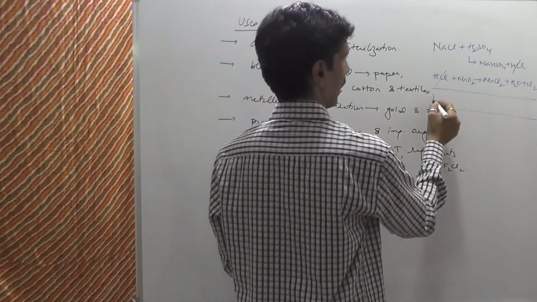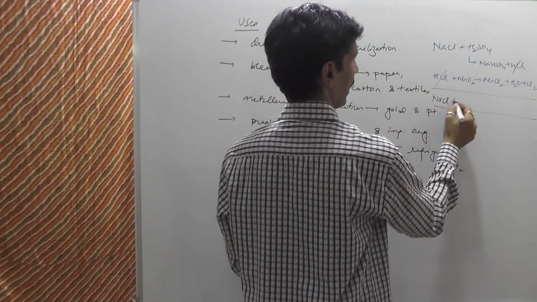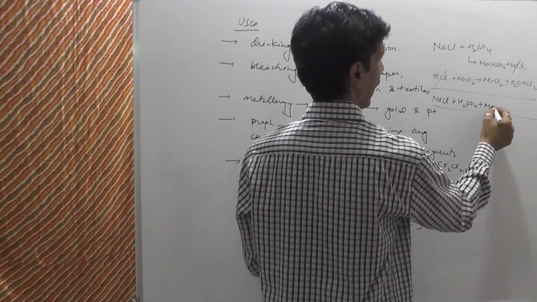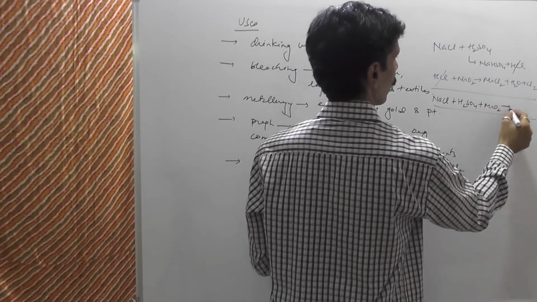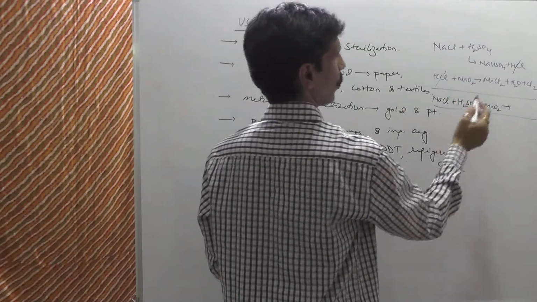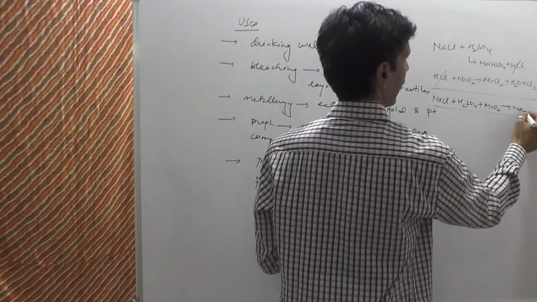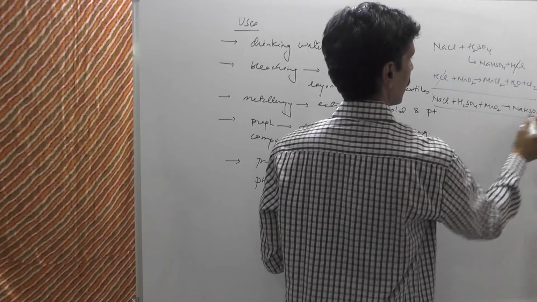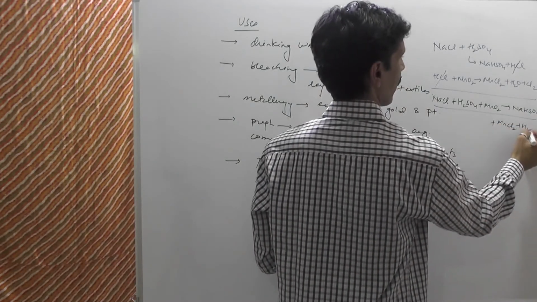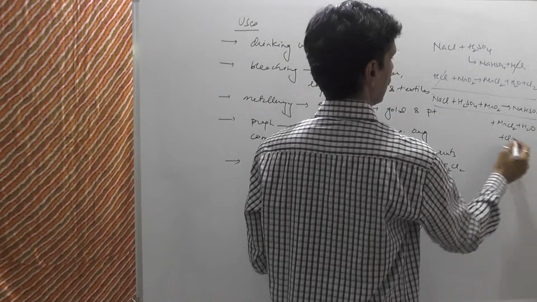तो हमें मिलेगा NaCl plus H2SO4 plus MnO2. Okay, NaCl, H2SO4 and MnO2 giving NaHSO4 plus MnCl2 plus H2O plus Cl2.